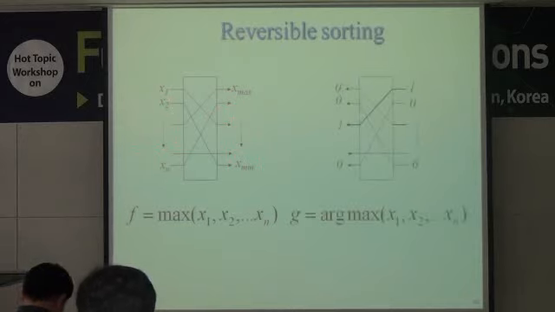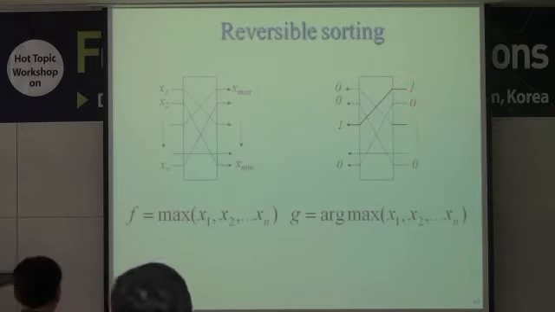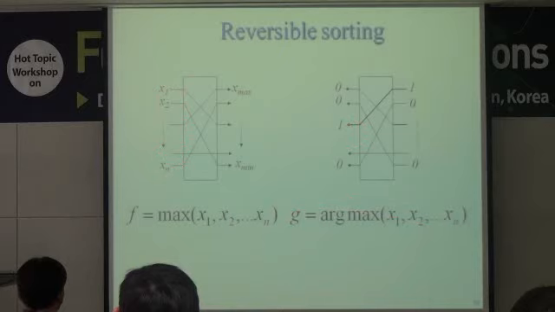In the second step, if we put the voltage to the first output, we can find where the maximum was within these inputs. Then we can calculate the inverse function of the maximum.